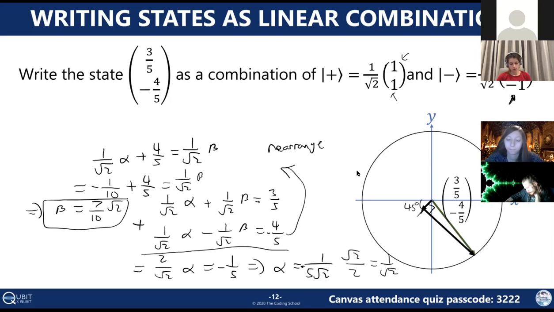So it all works out in theory, and in reality, I think I have done it correctly. I'll double check it before I upload it to Canvas. But yeah, that's how you do this kind of decomposition into a linear combination.